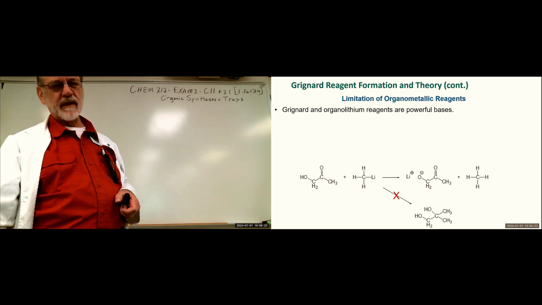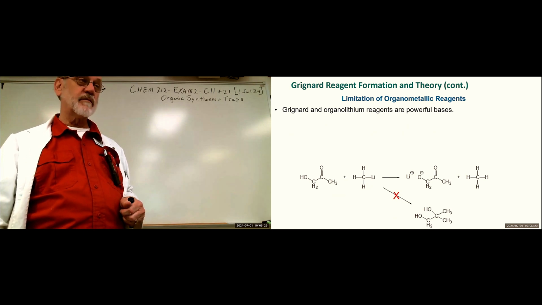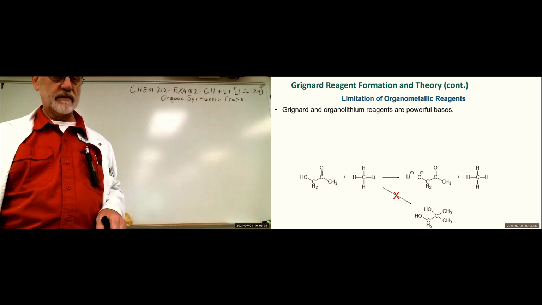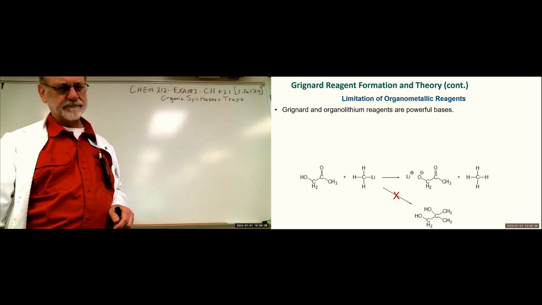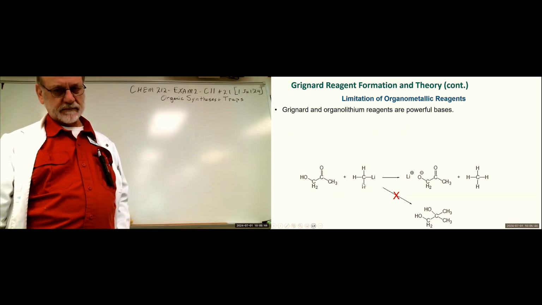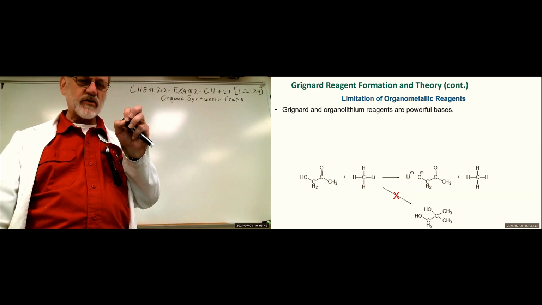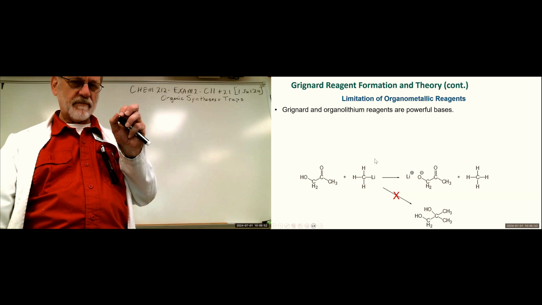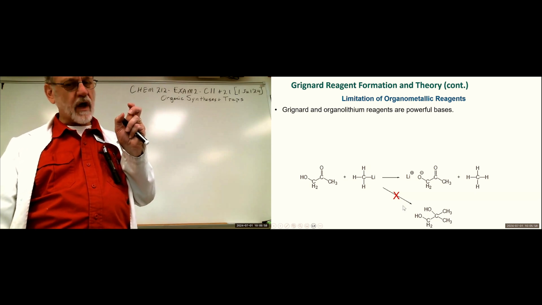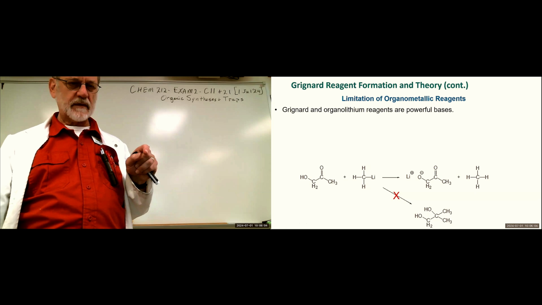Okay, what are the limitations? These are powerful bases, which means if there are any protons around, that's why we use aprotic solvents. If there are any protons around, they're going to grab them. So if we're trying to attach this methyl group to that alpha carbon here, we're not going to get it, because that Grignard reagent will go in and deprotonate this hydroxyl.